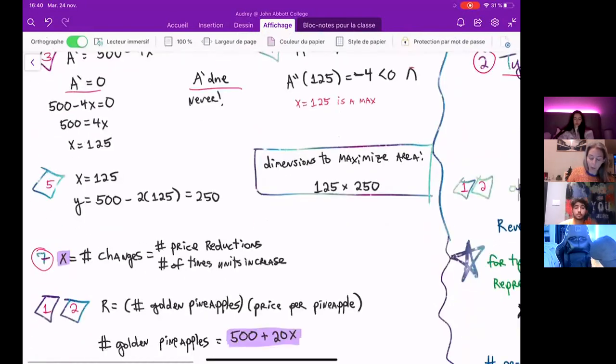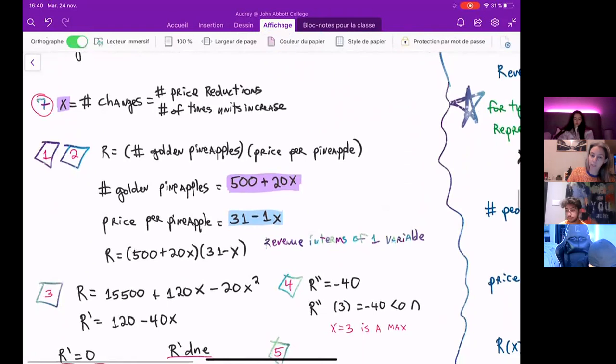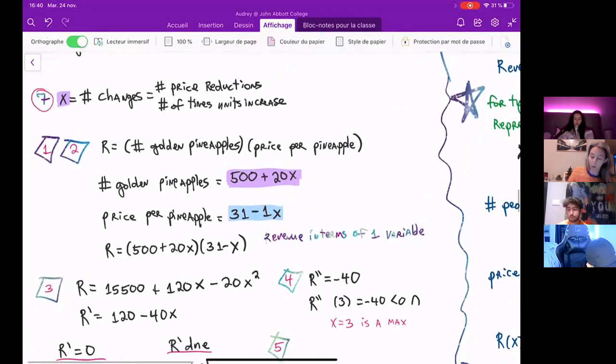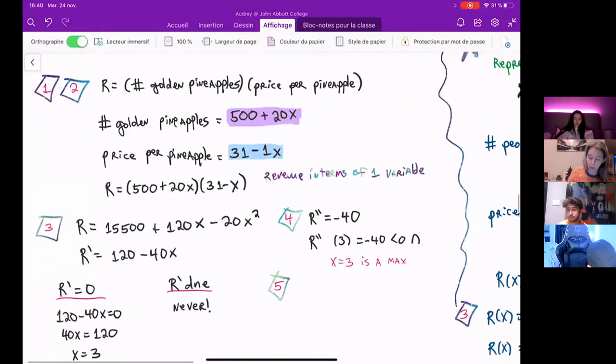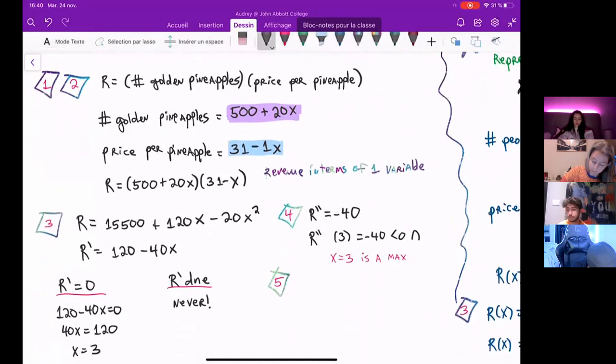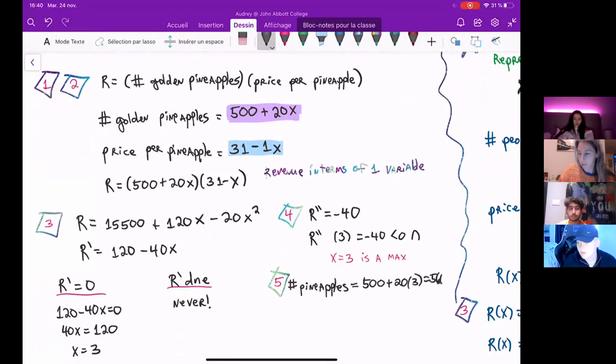So then we're going to go back to our steps 1 and 2 and plug into our purple and blue things. So my number of pineapples is 500 plus 20 times 3, which is 560. And my price is 31 minus 3, which is 28.